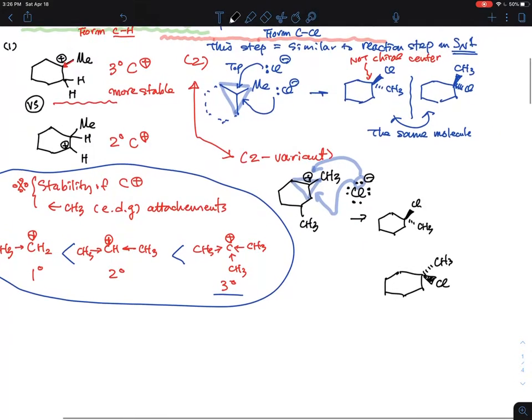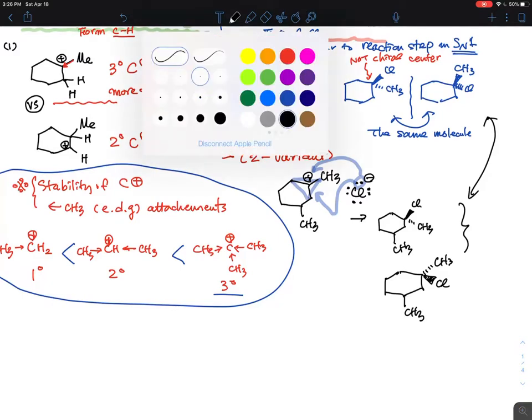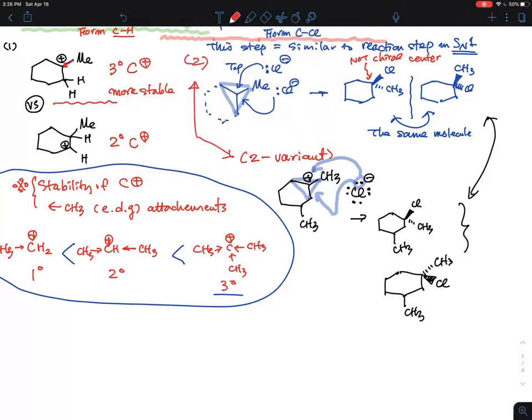Okay, so these two cases look similar, right? But what is different is now we have CH3, CH3. So therefore, I can identify that this is a tetrahedral, right? This is an sp3 tetrahedral carbon, and you have 4 different attachments.